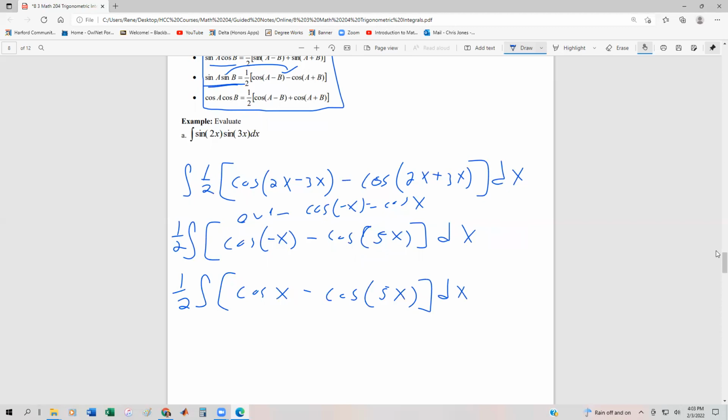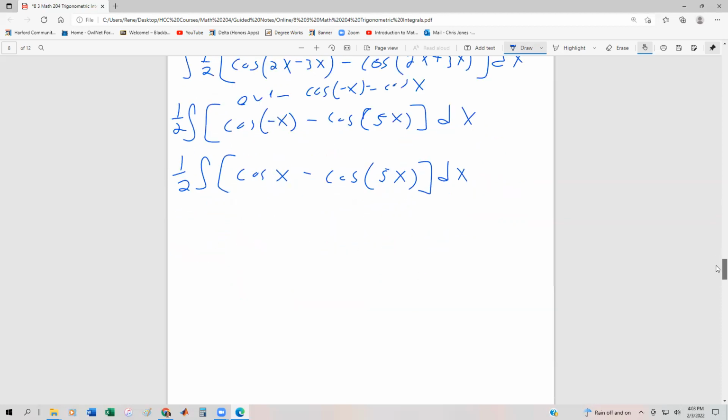And then finally, we can go ahead and evaluate these. Pretty easy to evaluate. Technically we use substitution, but we just take the antiderivative of cos 5x, which gives 1/5 sine 5x. So we end up with 1/2 the quantity sine x minus 1/5 sine of 5x, plus C. There's no dx because we just evaluated the integral.